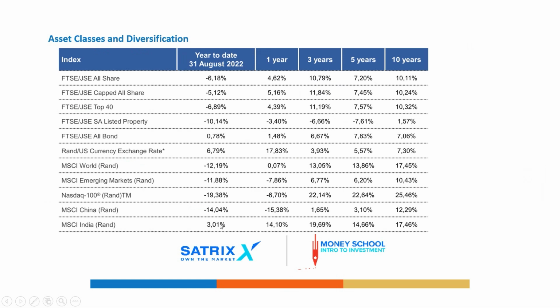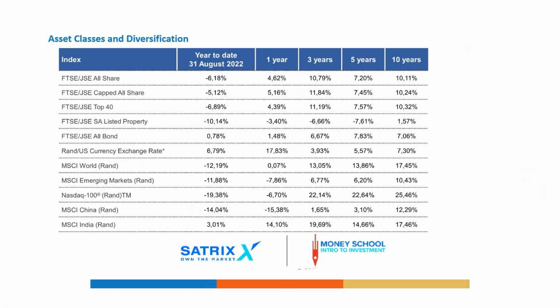So when you try and dial down the risk in your portfolio, that is, losing less, you want to diversify your holdings by holding some of these asset classes in your portfolio instead of investing in just one. And even in one asset class, the local equities were down 6% in August, but you can see over 10 years, they've been returning about 10.1% per year.